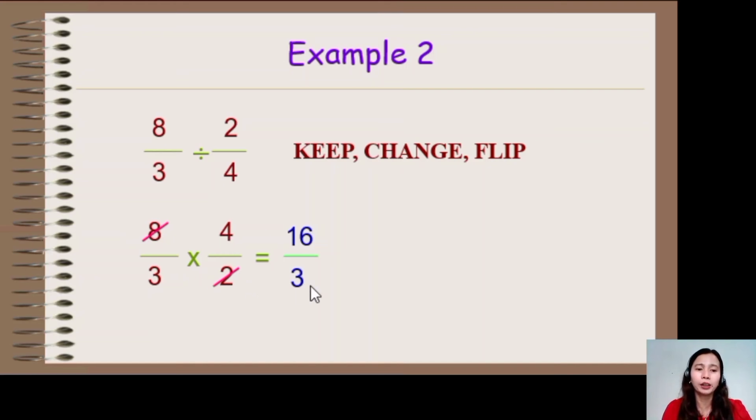Then 3 times 1 is 3. Then get the simplest form. Rewrite this into mixed fraction. So, we have 5 and 1/3. Tama ba yung 5 and 1/3? Okay, let us see. 5 times 3 is 15 plus 1, that is 16. Then copy the denominator, which is 3.